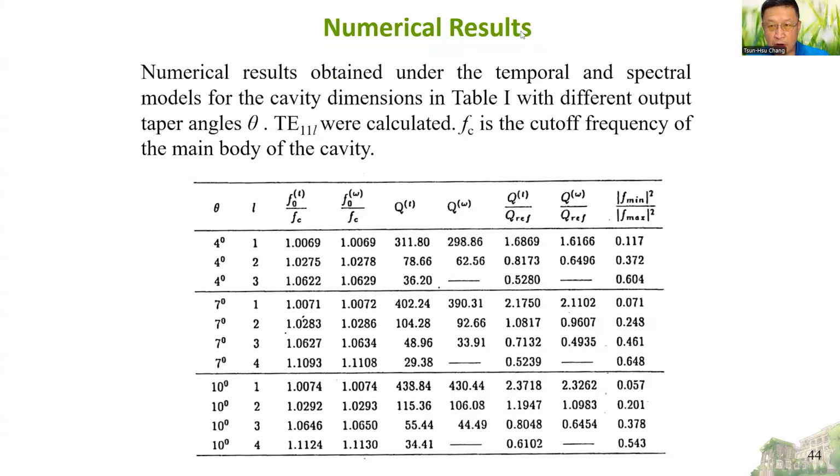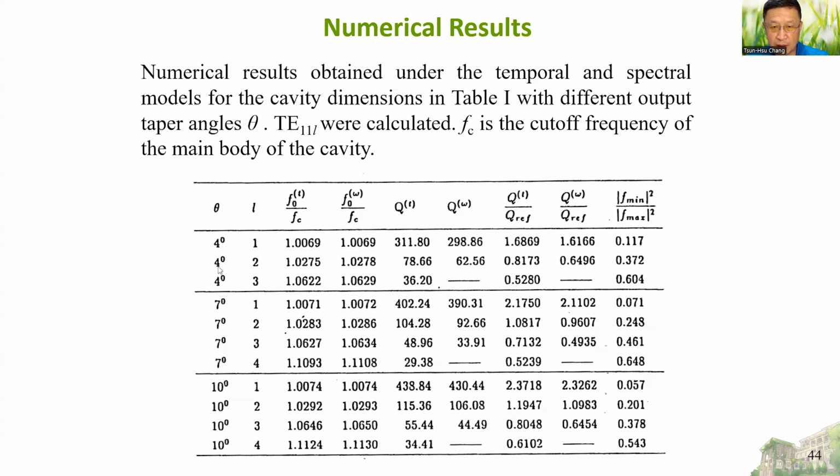Okay, numerical results. Numerical results obtained under the temporal time domain and spectral domain for the cavity dimensions in table 1 with different output taper angle theta. For the TE11L modes, FC is the cutoff frequency of the main body of the cavity.